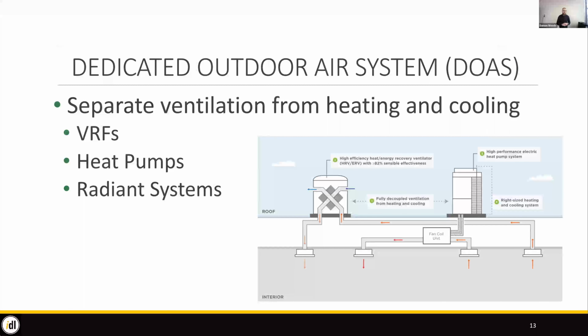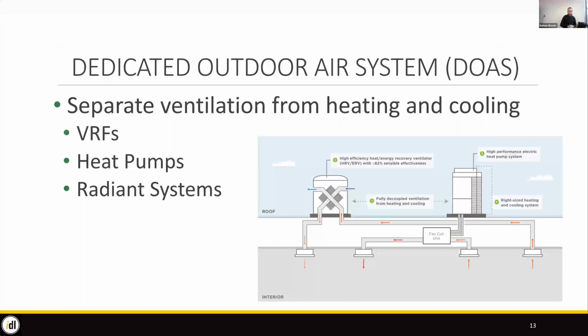The other efficiency option, very relevant to mechanical engineers, is to specify a dedicated outdoor air system, where you're separating your ventilation from your heating. So that could be a VRF, heat pump, even a radiant system or chilled beams in the space.